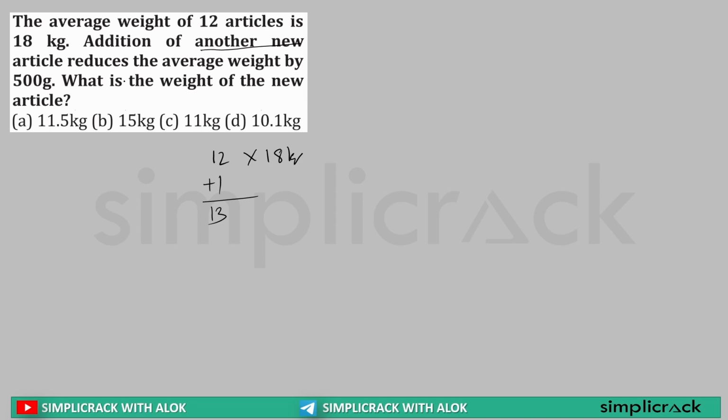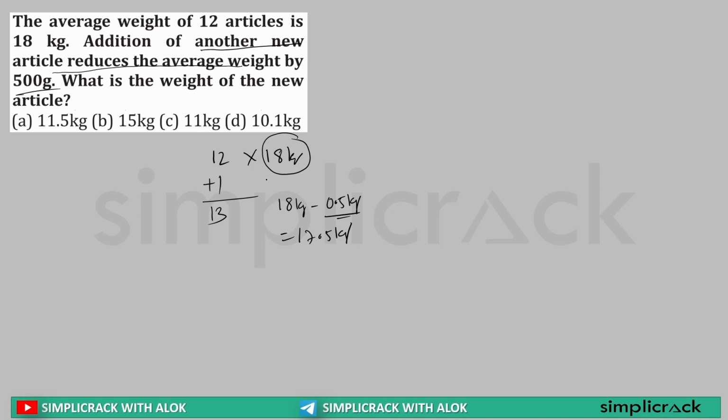The new article reduces the average weight by 500 gram. Previously the average weight was 18 kg. So the new average is 18 kg minus 0.5 kg, because 500 gram can be written as 0.5 kg. So the new average weight is, sir, 18 kg minus 0.5 kg, which is equal to 17.5 kg.